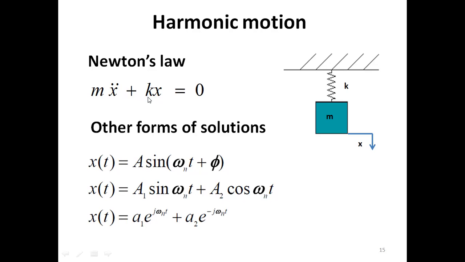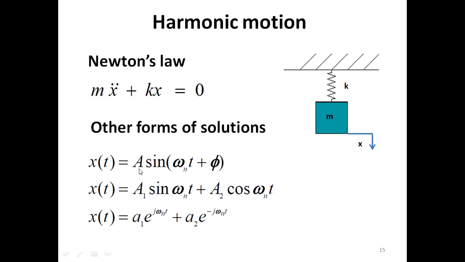And you have studied in mathematics, if A is a solution and B is a solution, then the sum of these two would also be the solution of the differential equation. So the sum of the sine function and cos function would also be the solution of this differential equation. But remember that in this equation, A1 and A2 are not the amplitudes.